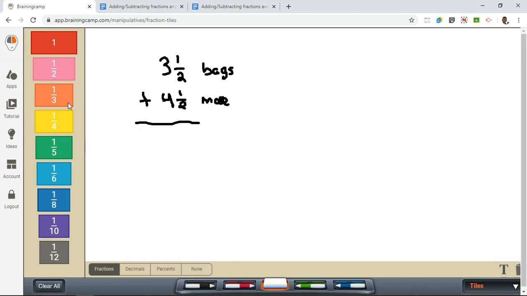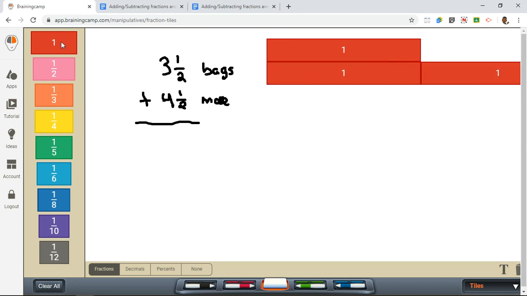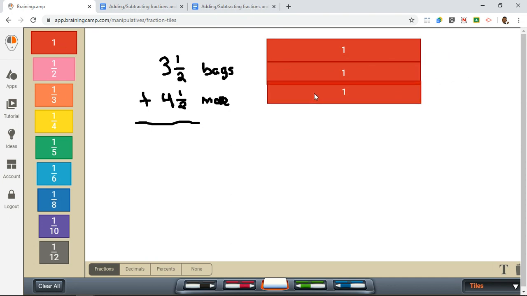So again, I can use manipulatives here. If I say I have 3.5 bags, so that's 1, 2, and of course 3. All right, that's 3. And then we have a half. So 3.5 bags. And then we have 4 more.